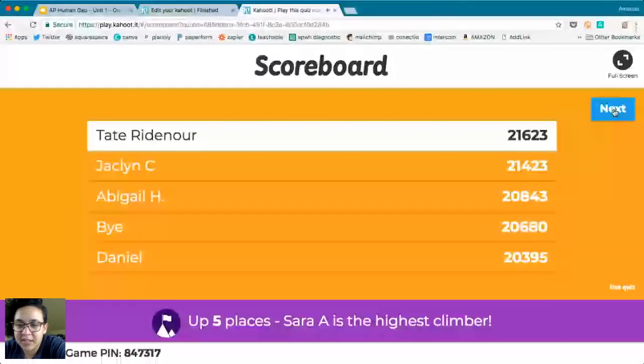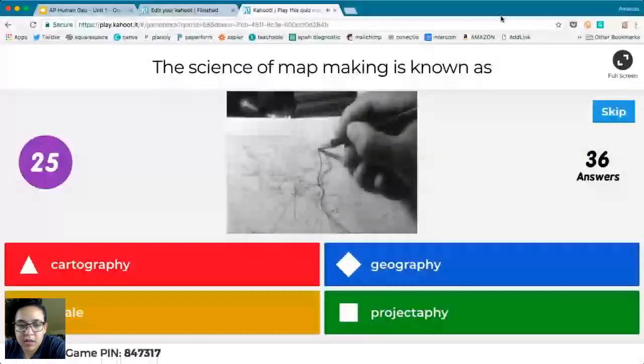This one's easy. The science of map making. What is it called? All right, so I'm going to be emailing out these slides.